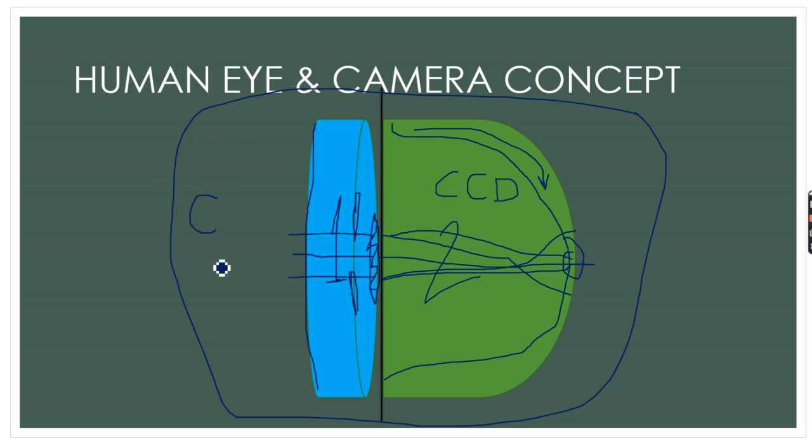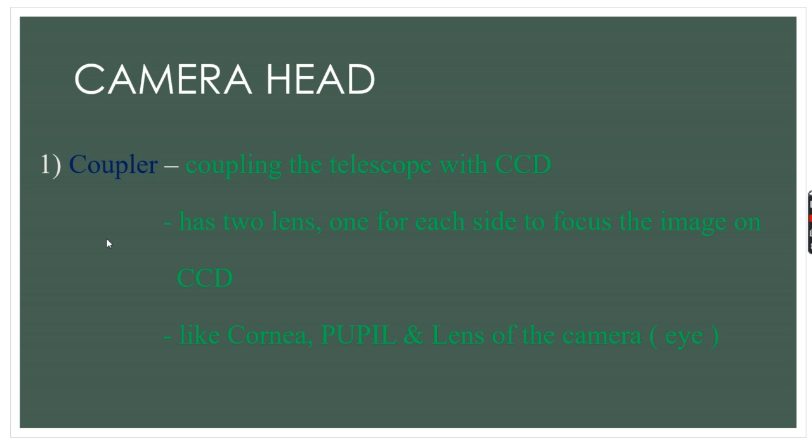So by this description, we know that this coupler has another function, focusing. It focuses the image over the retina, meaning over the CCD. So one function of this coupler is focusing the image over the CCD. And the first function you already know: this coupler attaches the telescope with the CCD and is present between the CCD and the telescope.